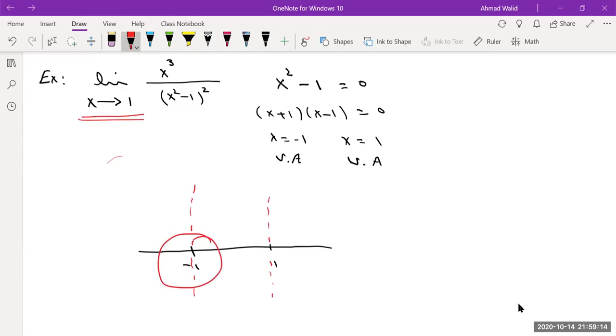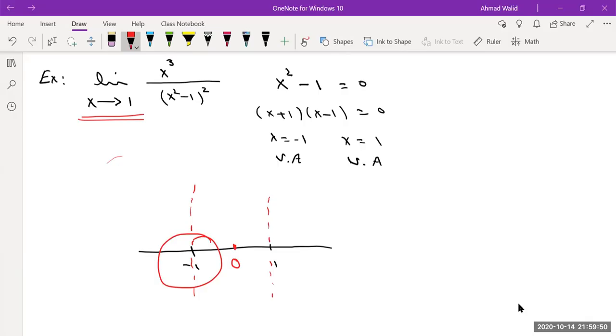Here you see, as x approaches 1, that's important to me: what the limit of this function does when you are approaching 1, correct? Again, I will do my sign analysis between 0 and 1, and from 1 to infinity. I'll plug two numbers in my function and see what the function is doing. Going to positive infinity or negative infinity? Maybe one side negative, maybe one side positive. I don't know. Let's plug in those numbers, correct?